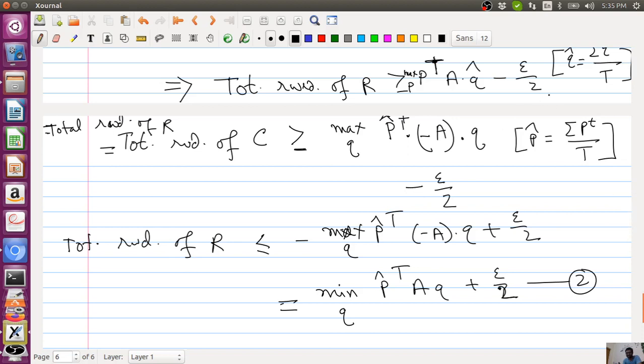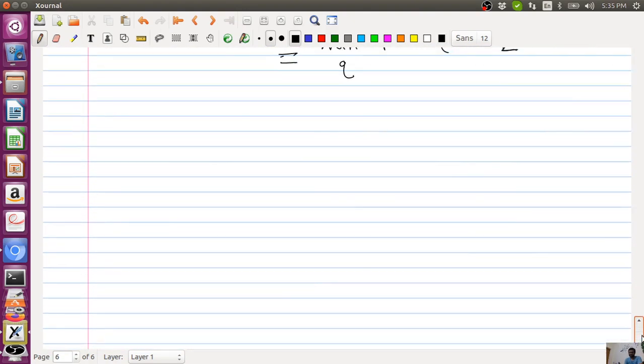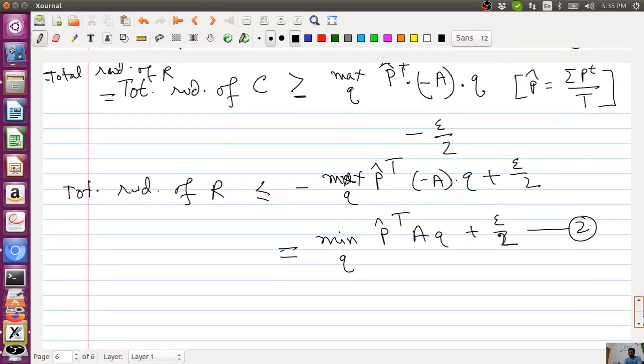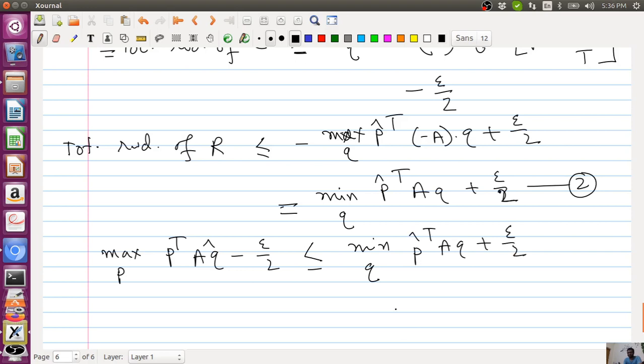Now you put them together. So what you get is max over P of P transpose A Q hat minus epsilon over 2 is less than or equal to min over Q of P hat transpose A Q plus epsilon over 2.